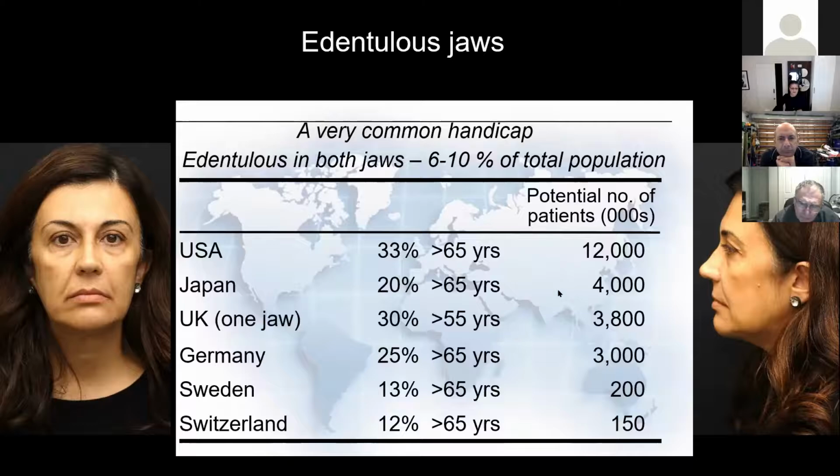Above 65, about 3,000 to 4,000 per million are edentulous. The number of edentulous people is increasing, and all these people are going to want dental implants. That's exactly what this beautiful lady did.